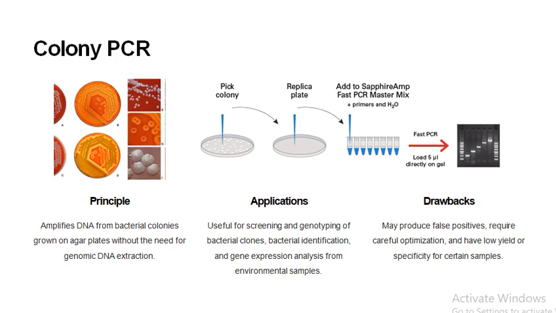We can just directly use a sterilized toothpick or any sterilized instrument for the removal of the colony from the Petri plates. That colony we can insert into the Eppendorf tube, and once we have inserted it, we can add the PCR reaction mixture, and after that we can run the PCR. So colony PCR does not need the extraction of DNA. So these are the techniques we use, these are the types of PCR we use in modern-day techniques.